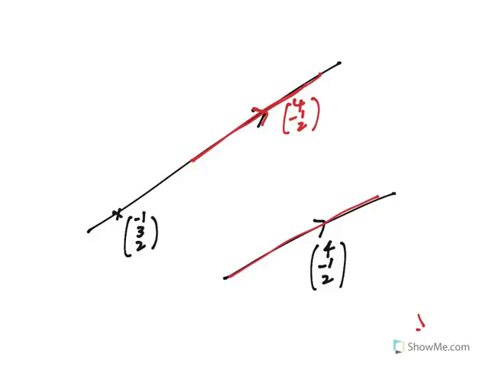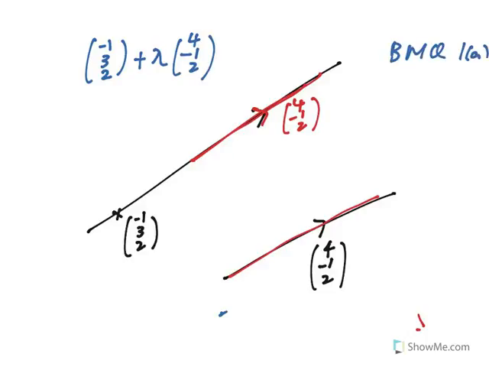Cartesian means, like last time you studied Cartesian with x and y, so a Cartesian equation means x, y, z. So the vector equation is just the position vector (-1, 3, 2) plus lambda, a scalar, times (4, -1, 2).